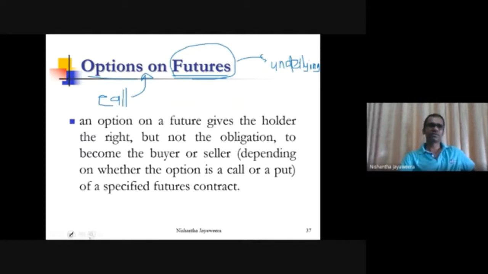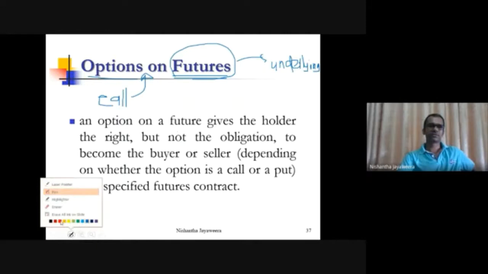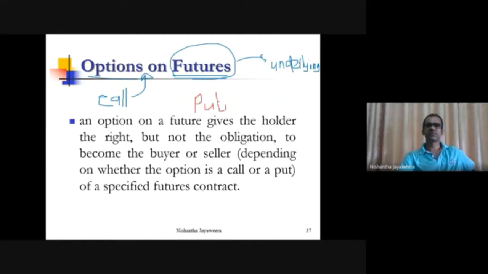If it is a put option, you will get a right to sell the futures contract on whatever the underlying asset. Is it clear?